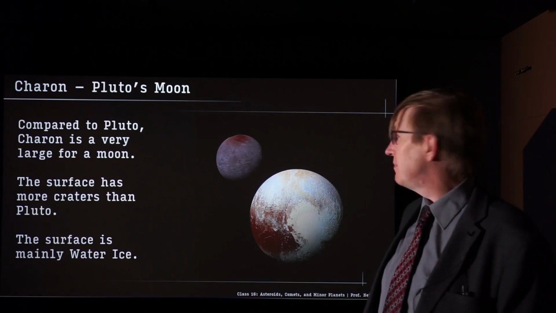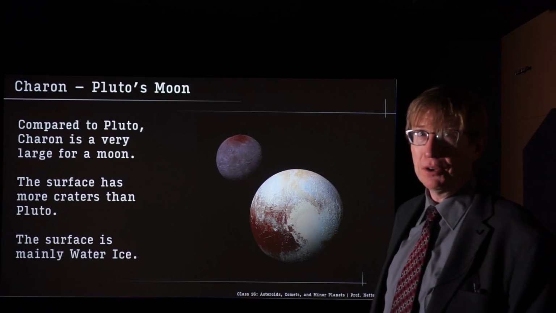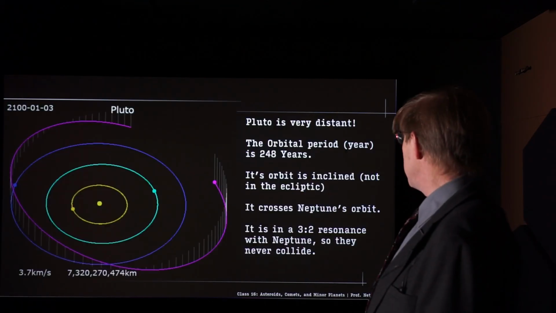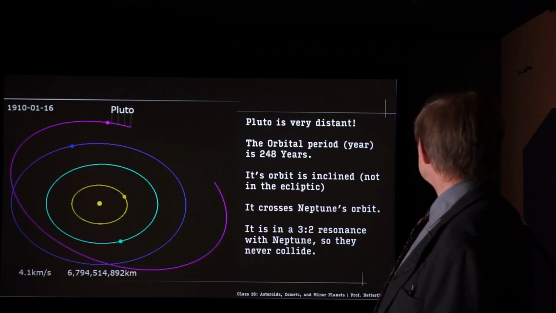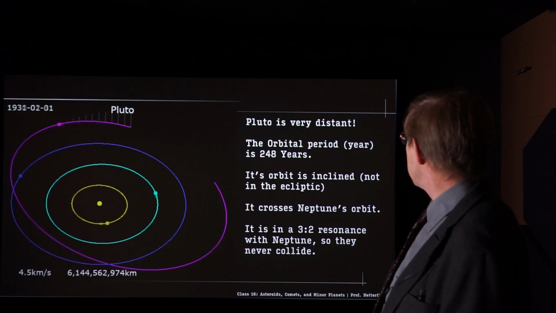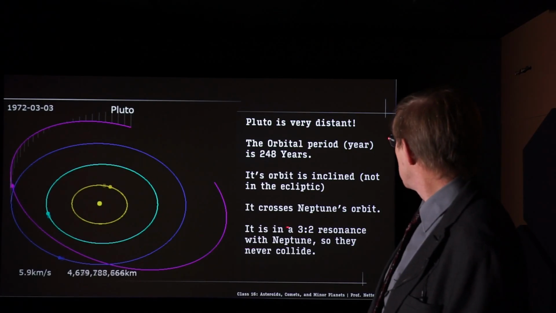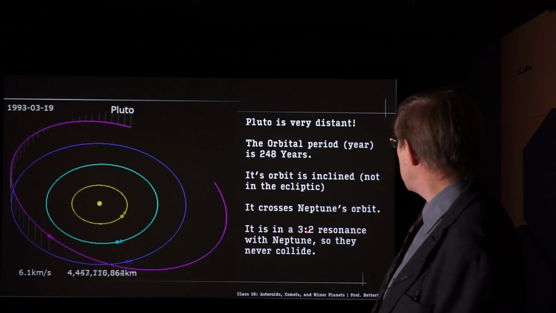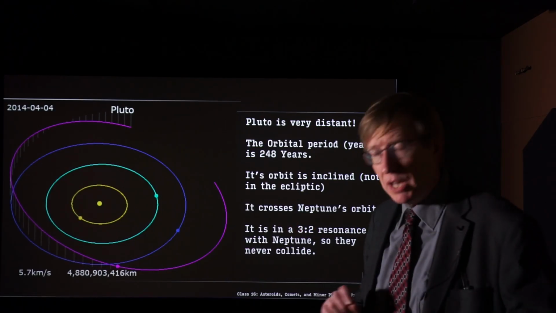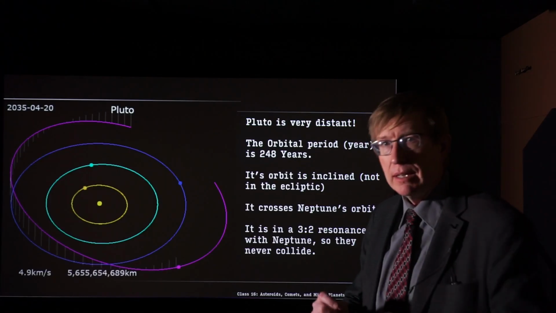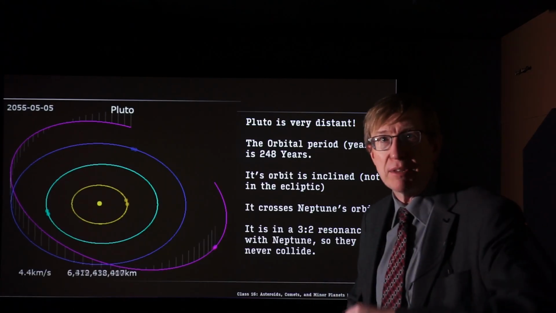So it's pretty cool. Pluto's orbit is in a 3-to-2 resonance with Neptune. Neptune goes around three times, and Pluto goes around twice. And so they always pass by each other at the same spacing. Now, sometimes a resonance will kick something out.